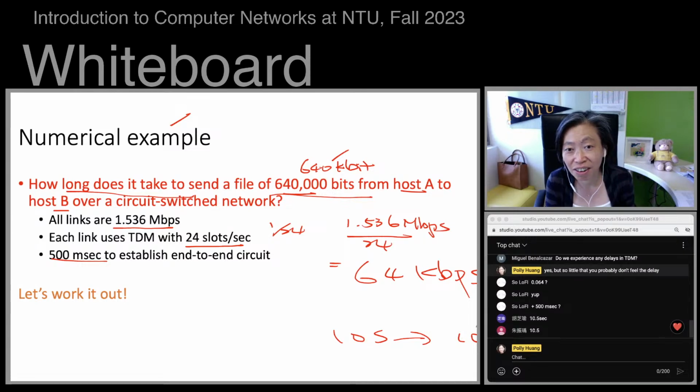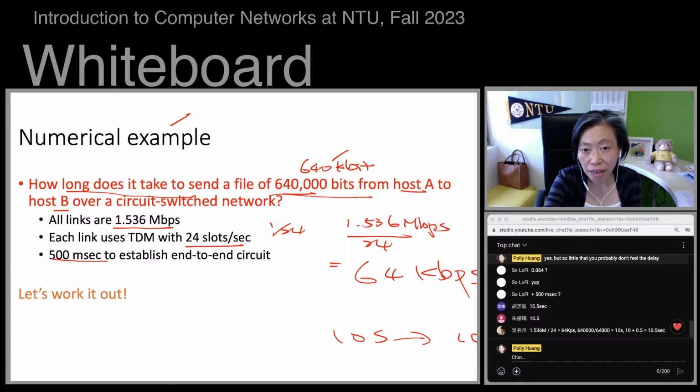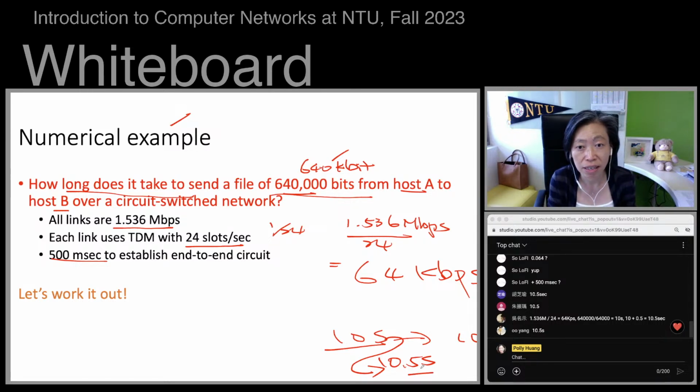Exactly. So you're following. Very good. Haley, Zhenyu, Wu Mingshi, yes, you are all right. So 10.5 seconds. 10 seconds just to transmit data, but there's also half a second to establish the connection. Oh, Yang, you're also correct.